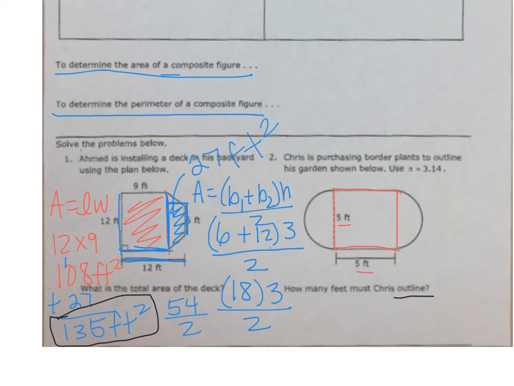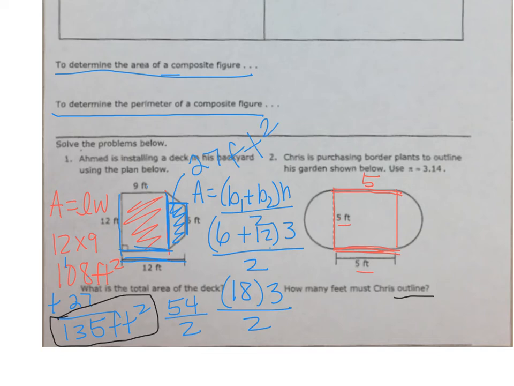So what does that tell you about this figure? It's a square. That's correct. So it looks like we have a square and a circle. But remember, we're only looking for the outside edges as an outline. So what I see, this is 5, this is 5.